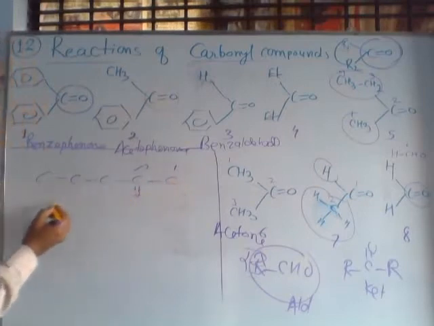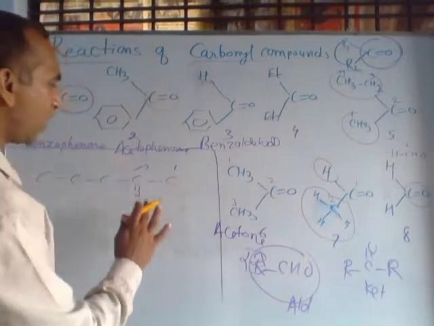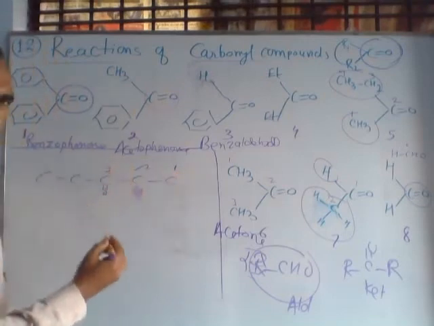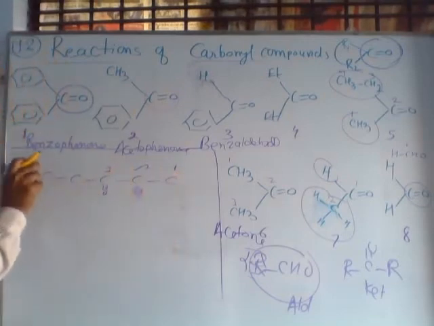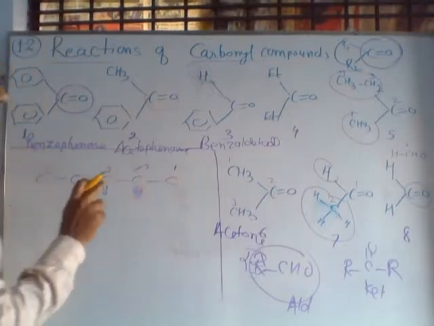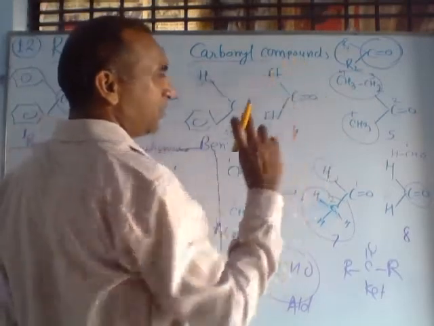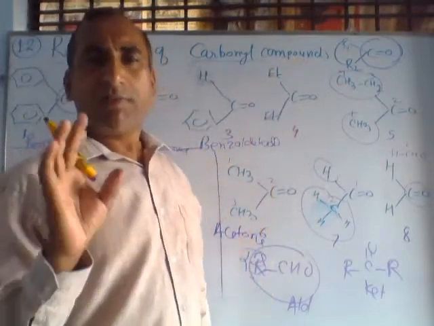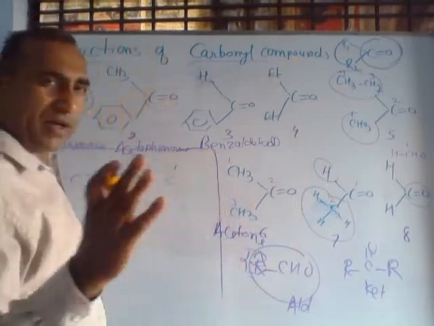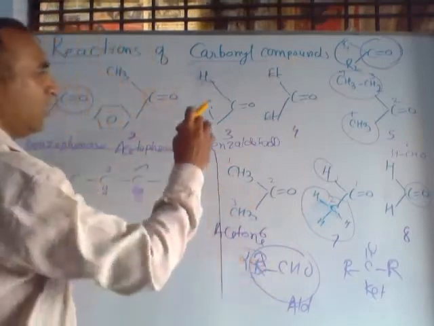So this is called pentan-2-one. If the double bond is present here, you can say this is pentan-3-one. If the double bond is present here, counting starts from here, so you can say pentan-2-one. But in this compound the double bond is present in the middle, so this is called pentan-3-one.